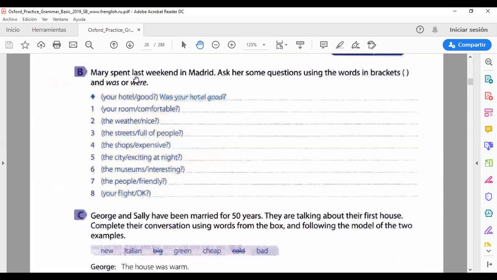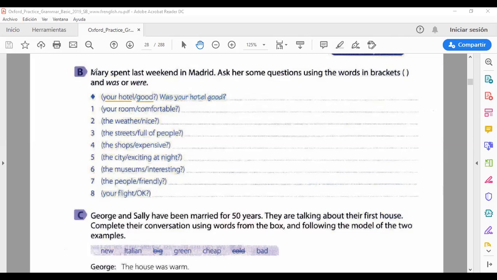Now it says Mary spent last weekend in Madrid. Ask her some questions using the words in brackets, and was or were. See? So now I'm going to switch to another color. Let me see which color. Orange. We have your hotel, good.